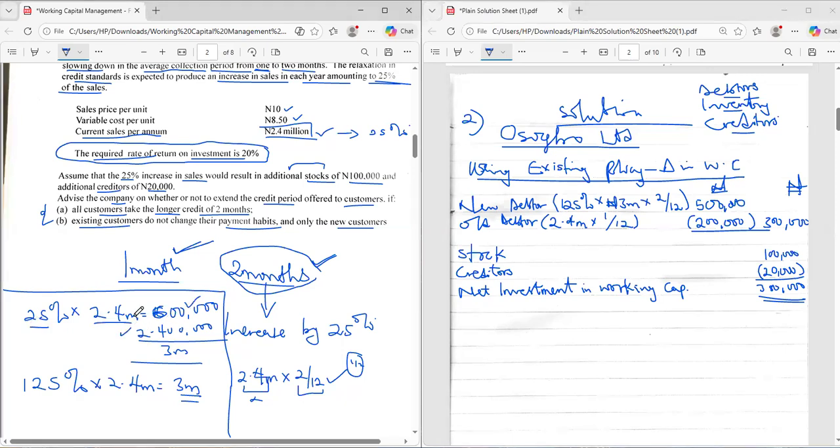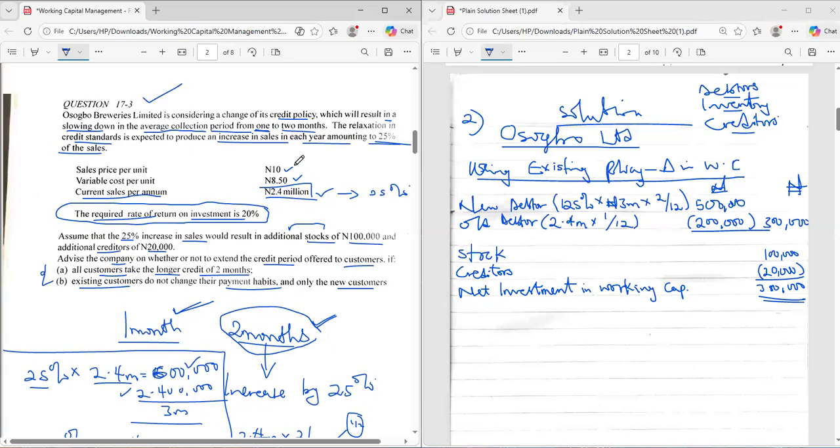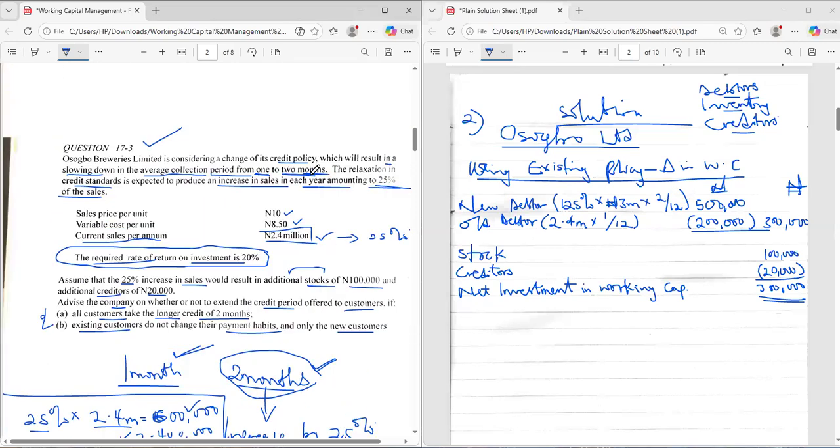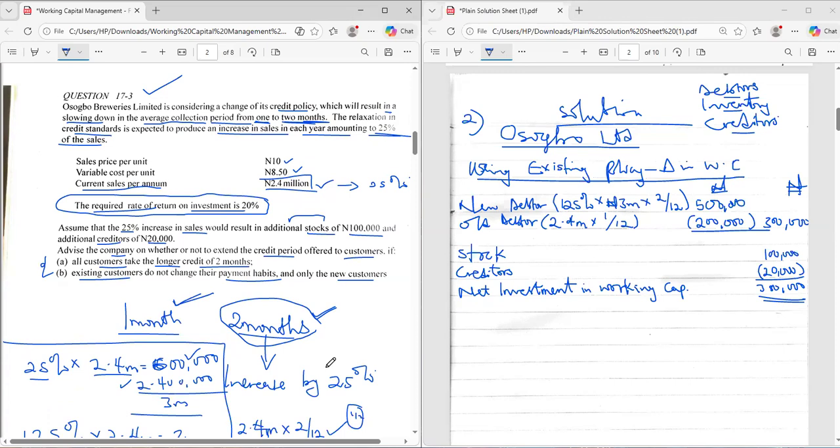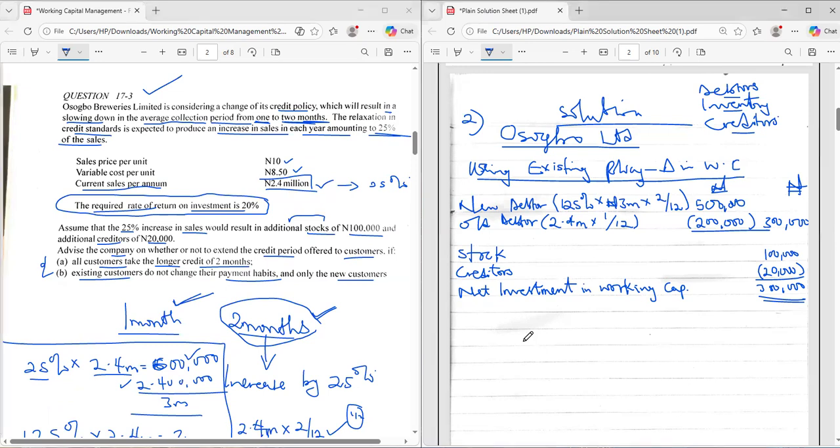Add it to your 2.4 million that is your sales before. So your new sales is now 3 million. Check now. Then 3 million times 2 divided by 12. The 2 is the 2 months. Then divided by 12. You should get the answer. As you are working on that, let's proceed.